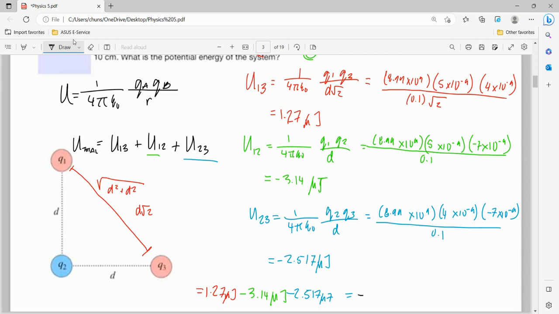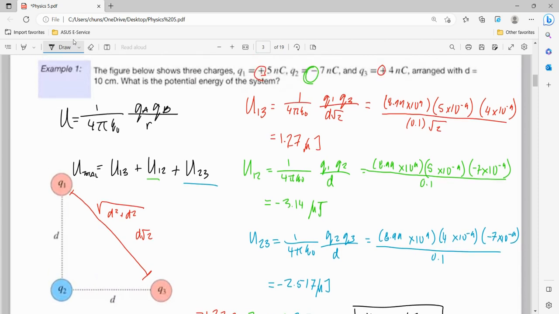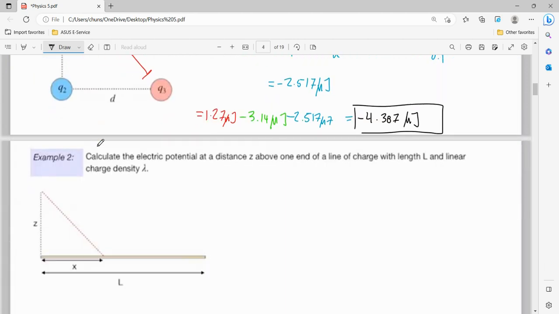And this gives us negative 4.387 microjoules total. So biggest takeaway here is use charge signs. Okay, that's our first example done.